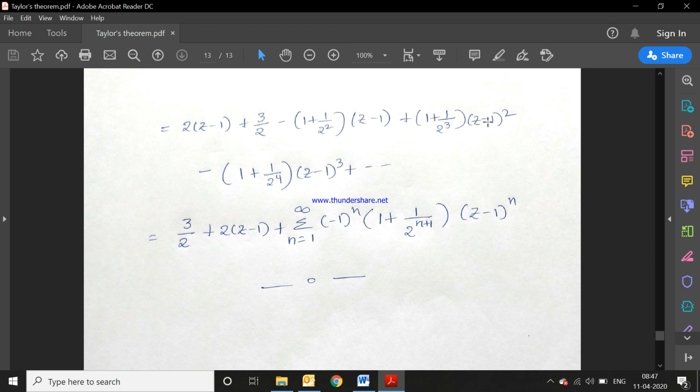So 1 plus, here (z − 1)^2 is there, here 2^3 is there, so n is greater than or equal to 1. That's why I write (−1)^n (1 + 1/2^(n+1))(z − 1)^n. That's all for today.